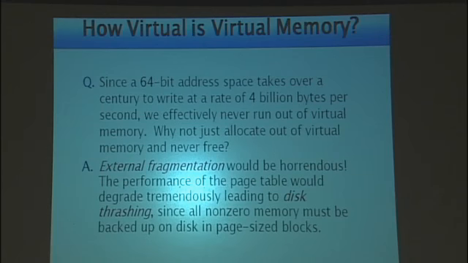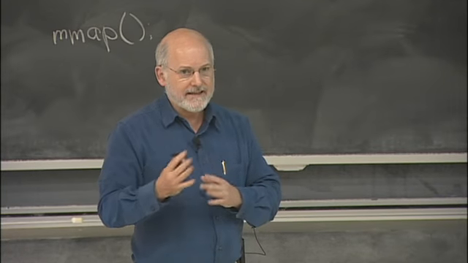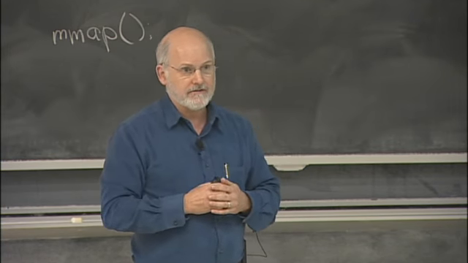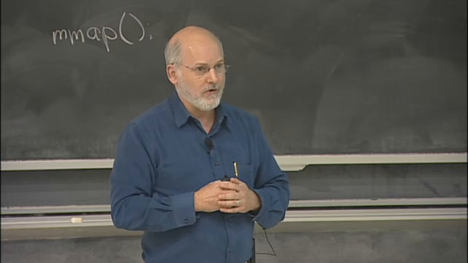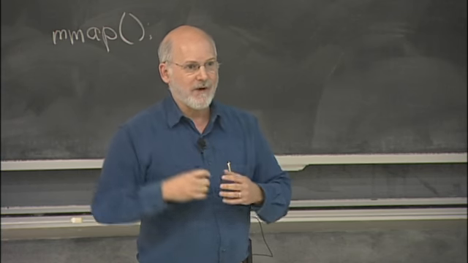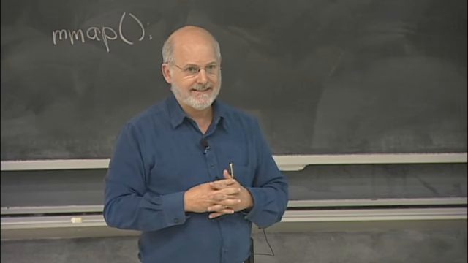Okay, disk access. Good memory access, DRAM, is like 60 nanoseconds. The processor is going somewhere between 3 and 4 gigahertz these days, so memory is like 200 processor cycles away. How fast is disk?